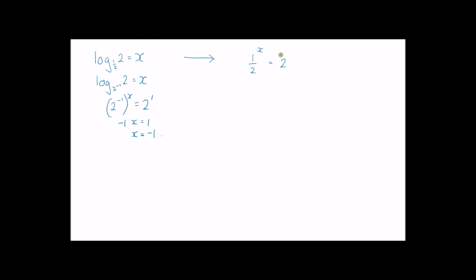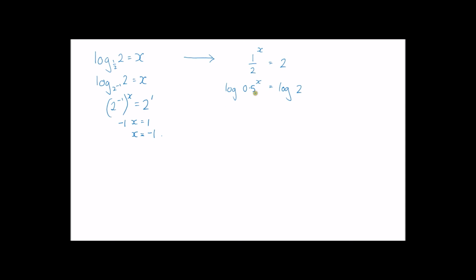Then what I'm going to do is take the log of both sides. In fact, I'm going to do it as a decimal now because I can. Log of 0.5 to the power of x equals log of 2.